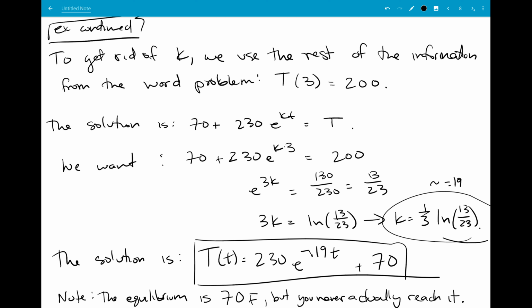If you look at the solution to temperature, if you plug in any value of t here, you're never going to be able to reach 70. You're always going to be a little bit away from it. The way that this question was originally written, it was just a little trick to get you thinking about that. But you can look at that temperature in the limit as t goes to infinity to reason through that on your own.